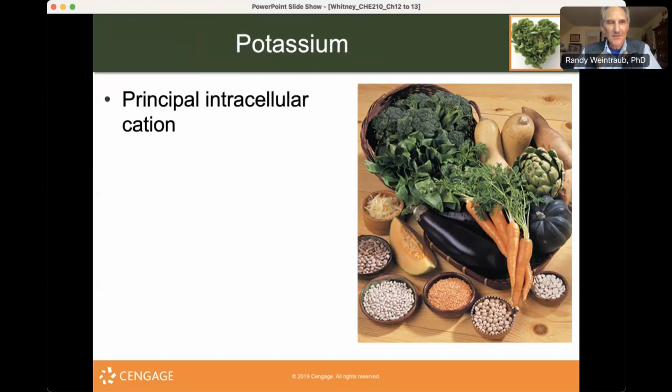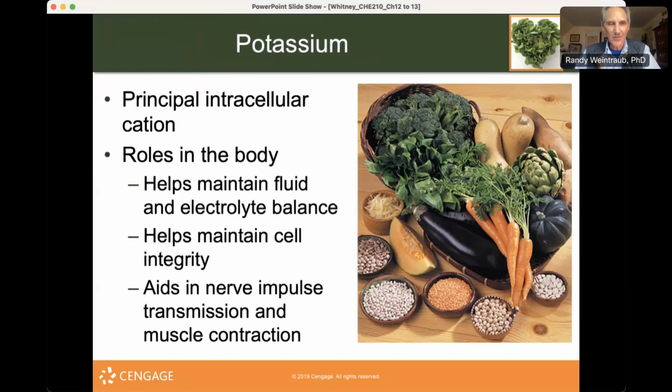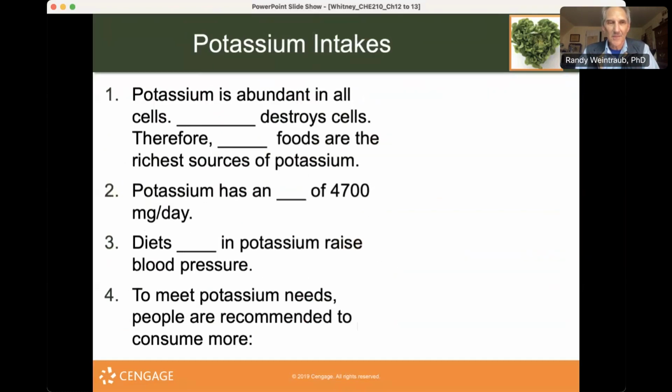Okay, we move on to potassium, the principal intracellular cation. It has important roles in helping maintain electrolyte balance and cell integrity, and is also involved in nerve impulse transmission and muscle contraction.